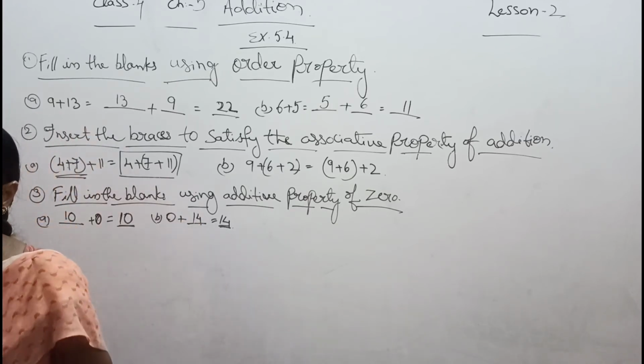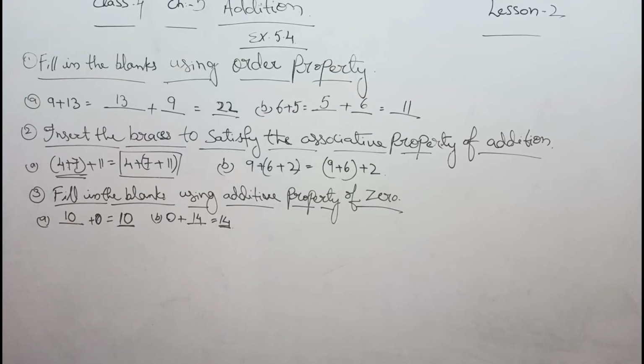Like this, you must do the questions given in the textbook. Then the last question in this exercise: identify the addition property used in each question.